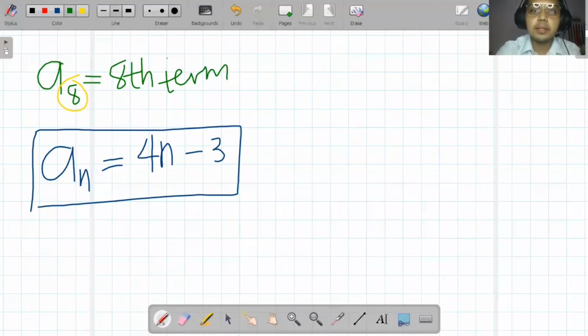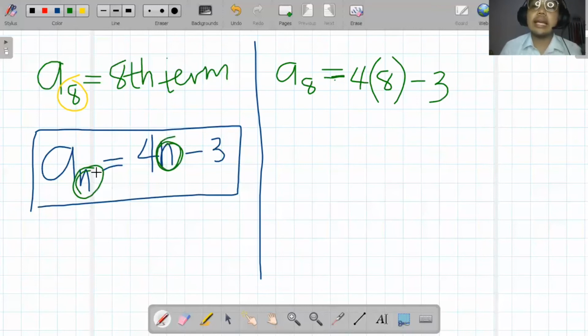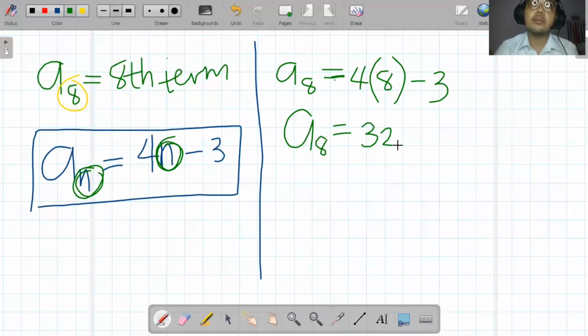A sub 8 equals 4 times, and then replace the n with 8, minus 3. The n in the formula is replaced with 8, because that is the term we are finding. So, finding A sub 8: 4 times 8 is 32.